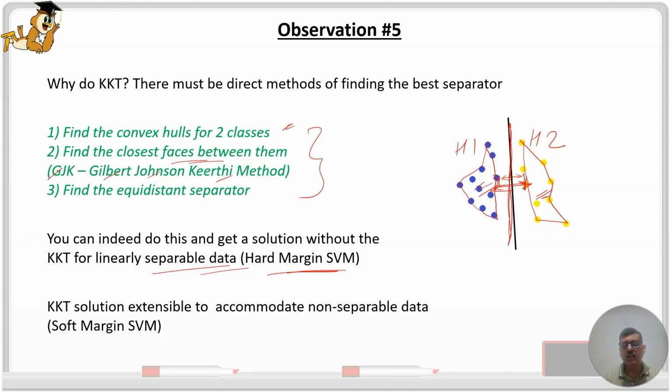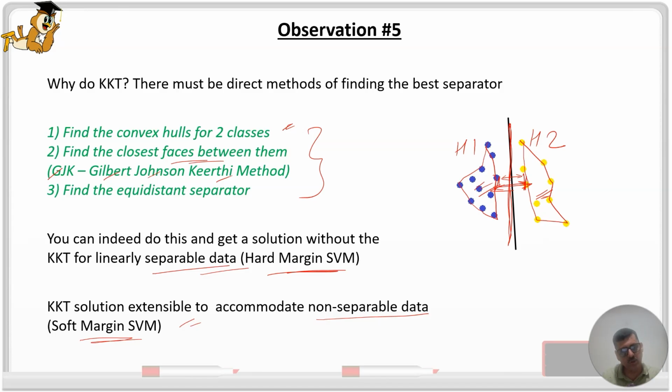We went the KKT route because the KKT solution is extensible to accommodate non-separable data, or what we call soft margin SVMs. In real life, it's unlikely that you are going to find separable data.